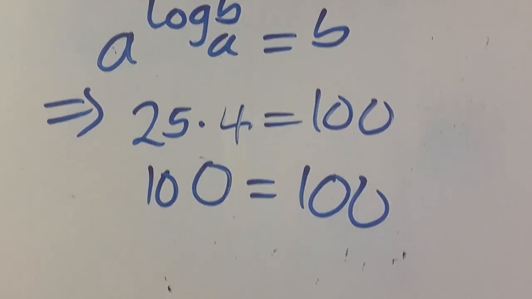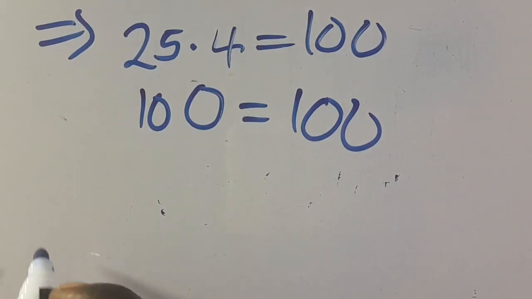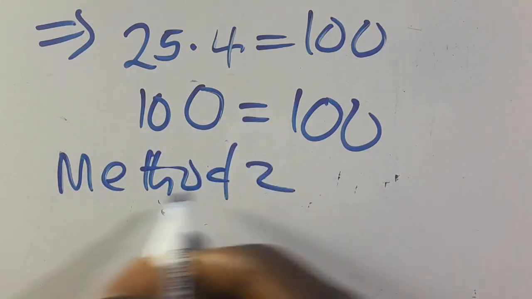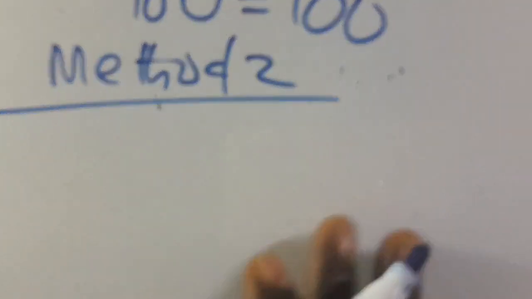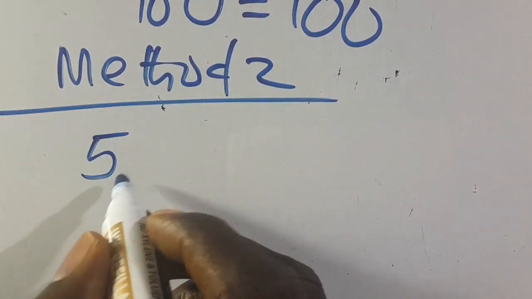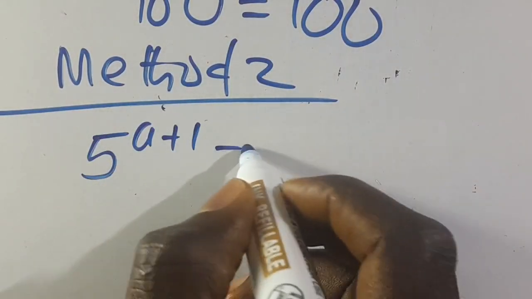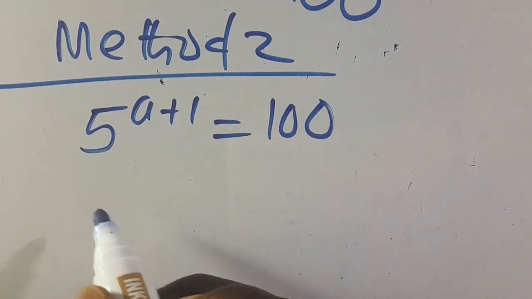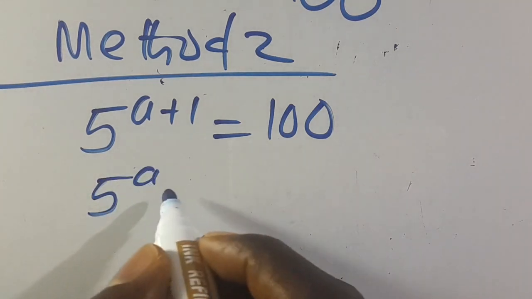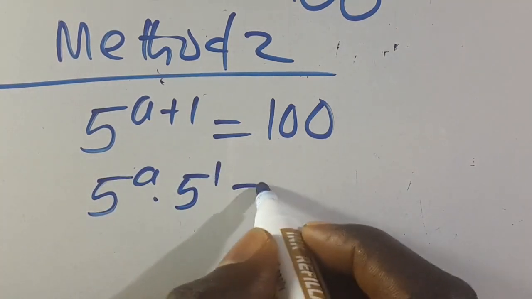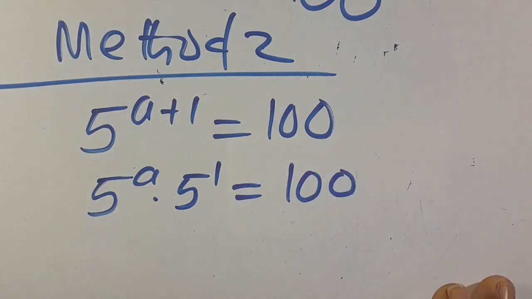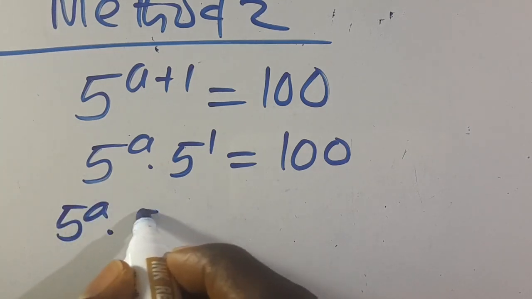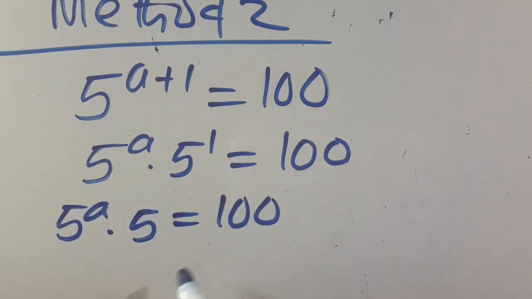But in a shortcut, another method, let's call it method 2. We have 5 to the power of a plus 1 equals 100. From here, this is 5 to the power of a multiplied by 5 to the power of 1 equals 100, so 5 to the power of a multiplied by 5 equals 100.